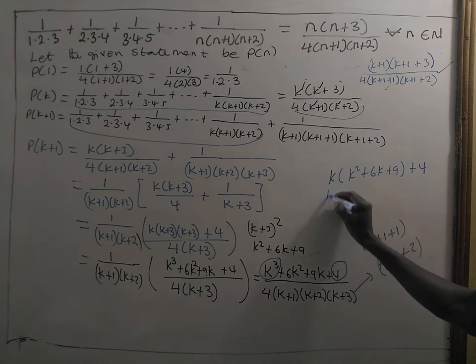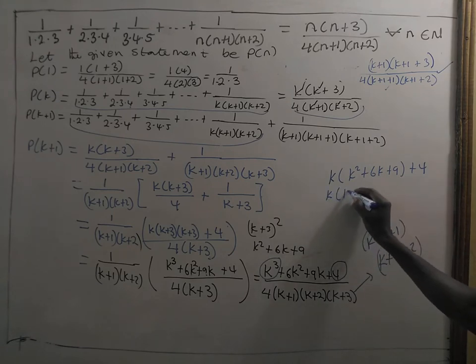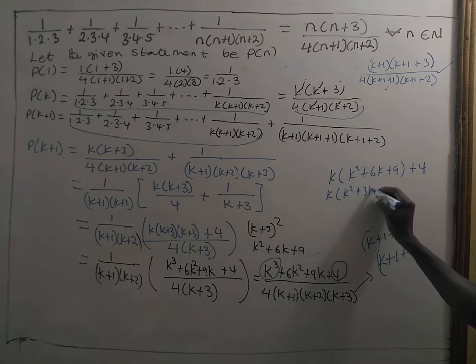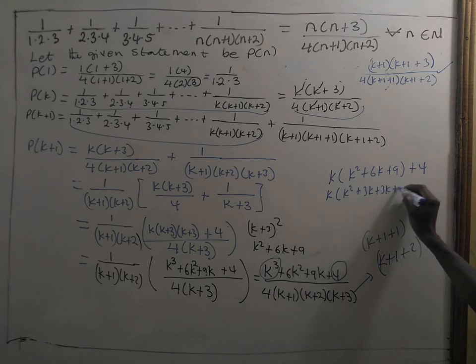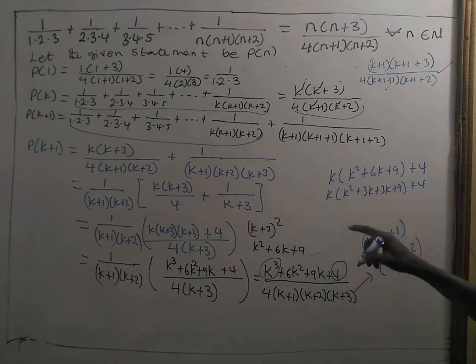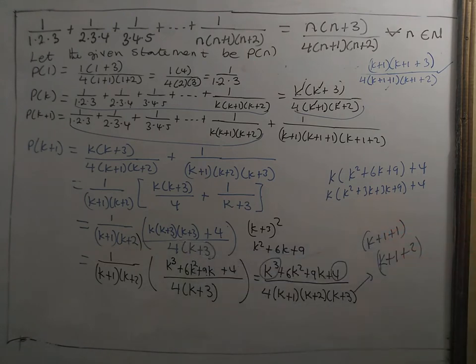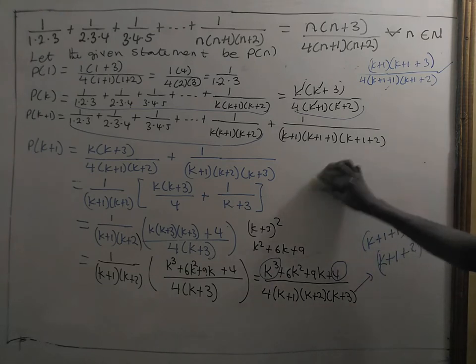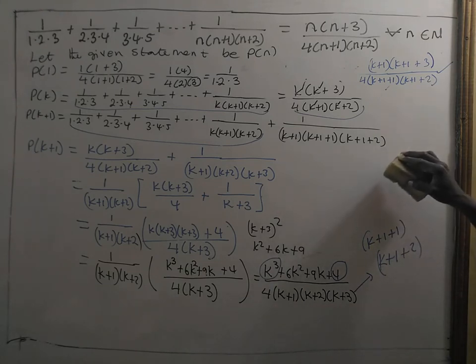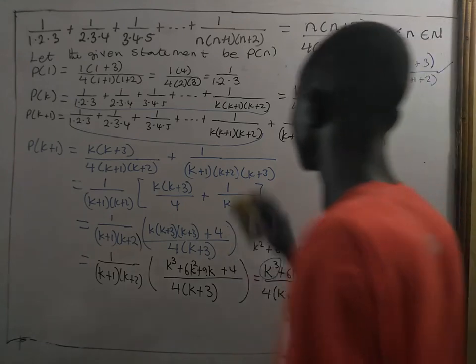So we have k times k squared plus 3k plus 3k plus 9 plus 4. And we get back to this, and we can't do anything. Have you seen? So let's see what we can do. What we can do is what we are going to do now. So let's do it.